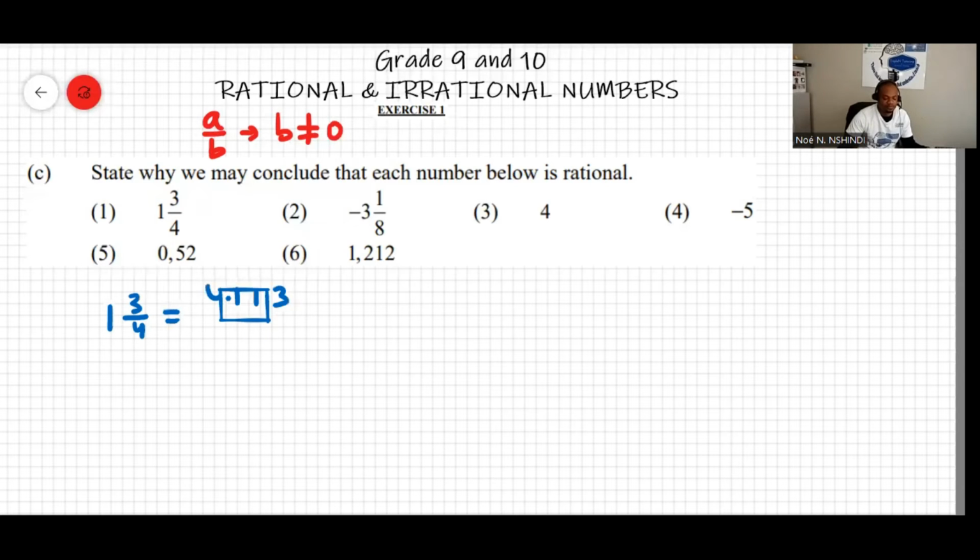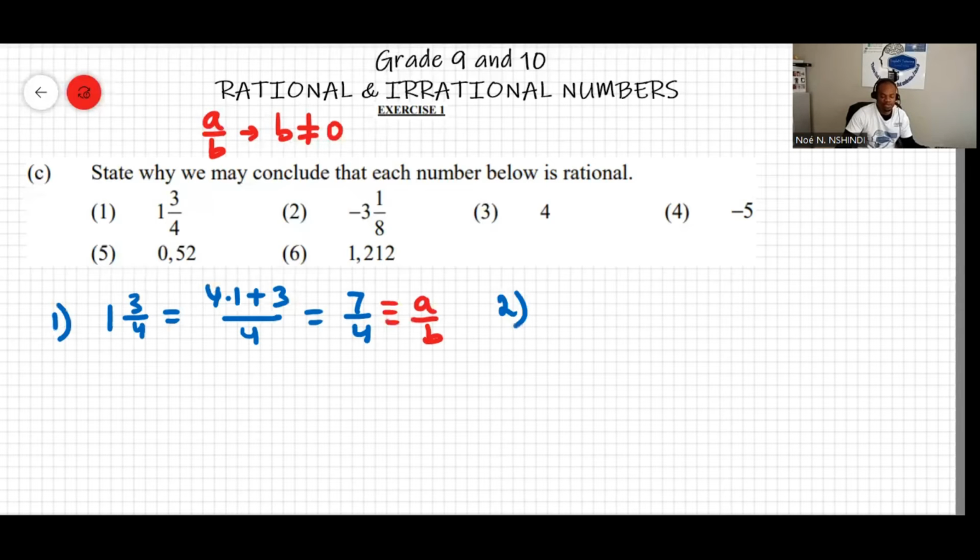Okay, over 4, and then this is equal to 7 over 4, and this is the form A over B.